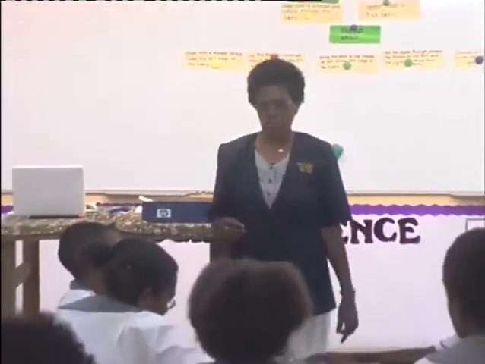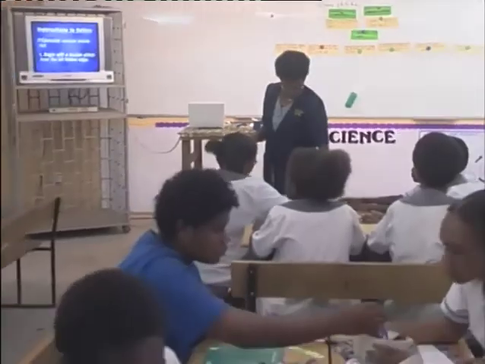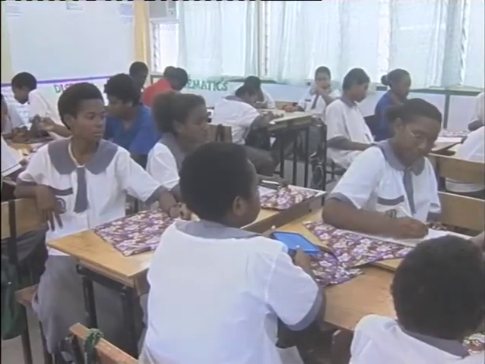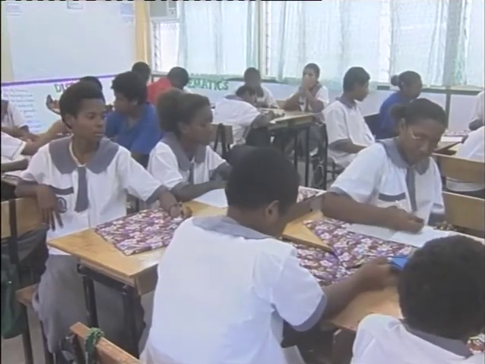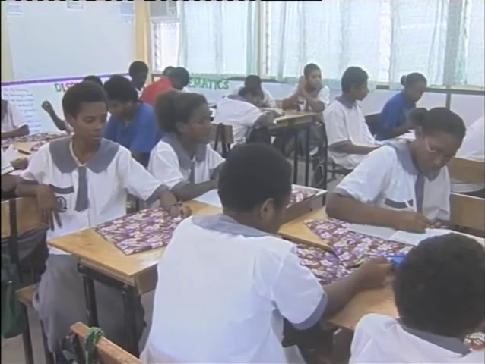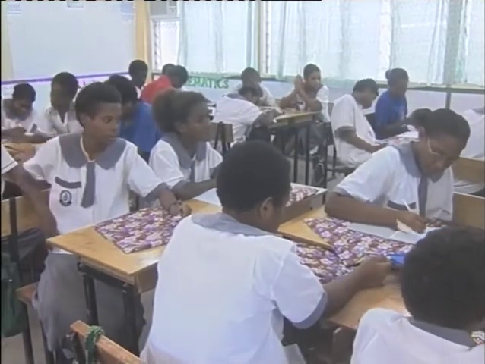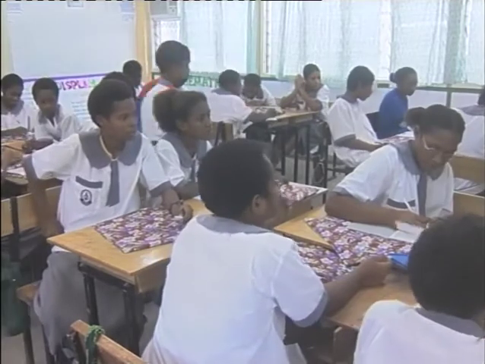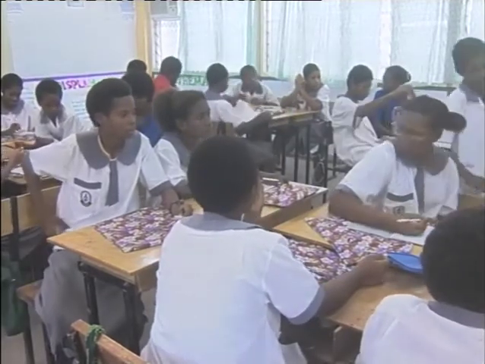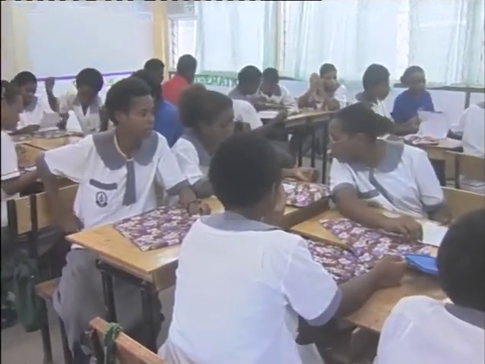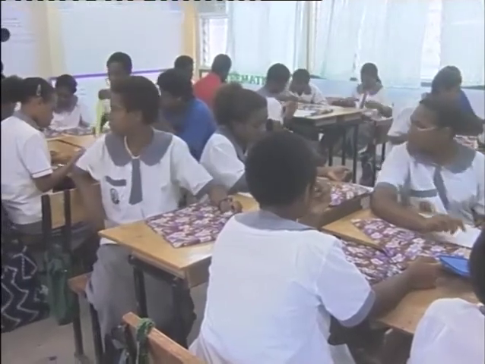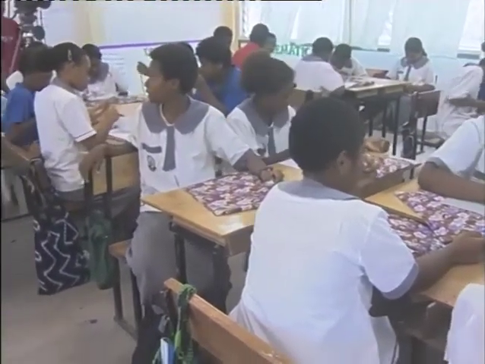Now let's see. Left, is it? The left. So that's your left. So you start from here, from the left down that way. Okay? Not to turn this one over yet.